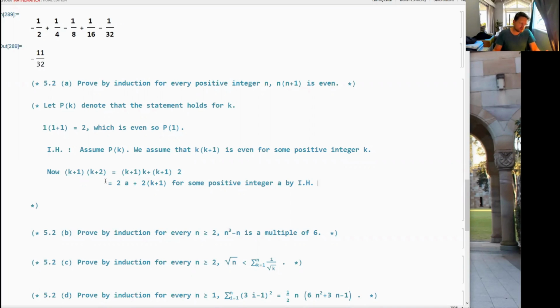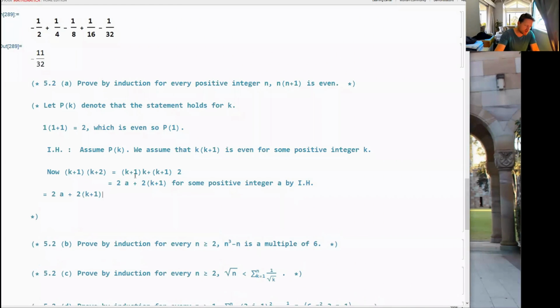Okay, and then now, following from that assumption, we can just factorize this, pulling the 2 out. And so we see straight away that this is even. Okay, in other words, if the induction hypothesis holds true, then it holds true for the next one, which is k plus 1.